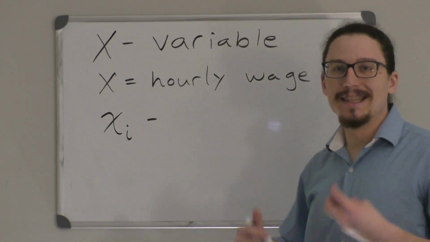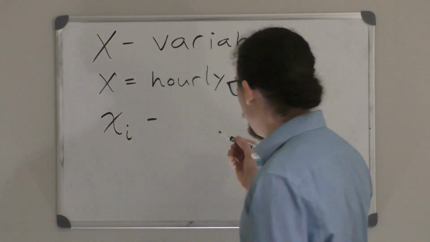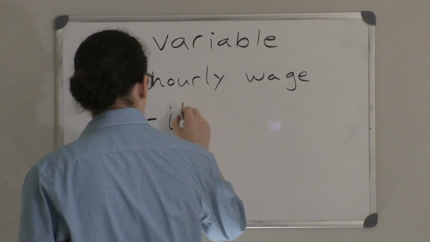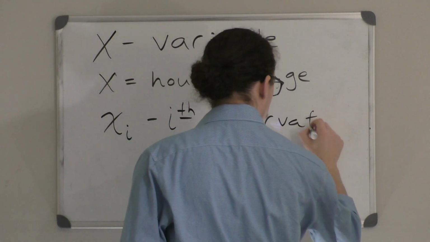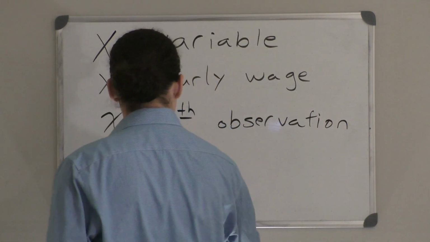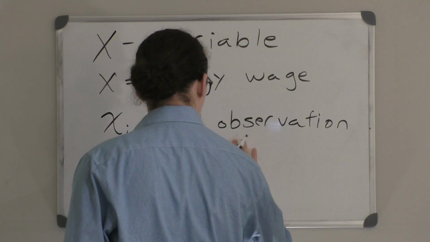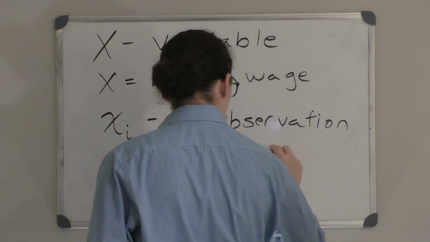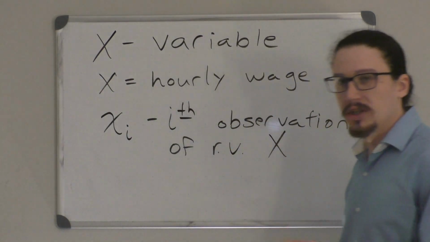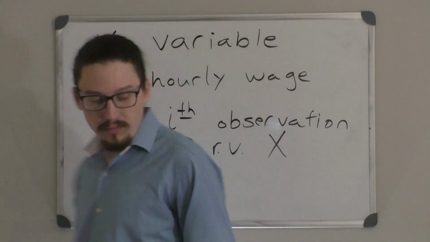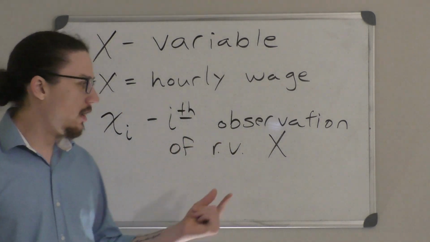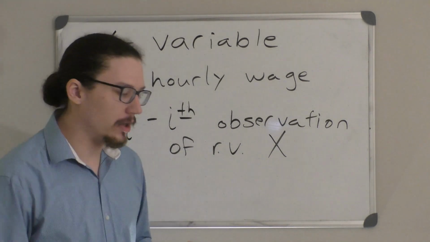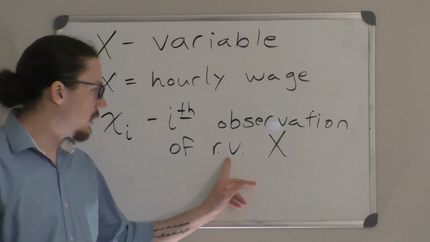So xi is the ith observation of random variable X. I'm going to be using RV, random variable, quite a bit.